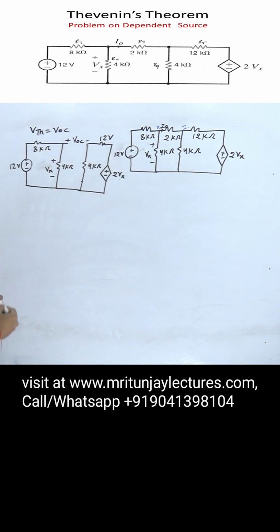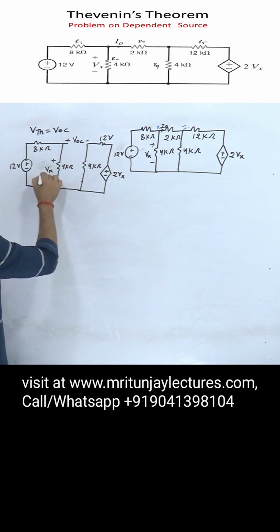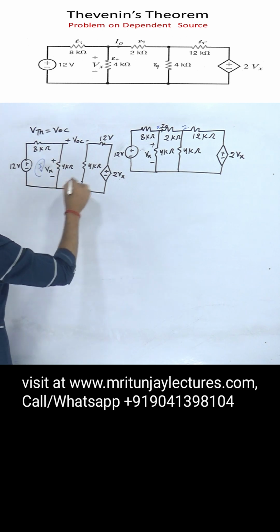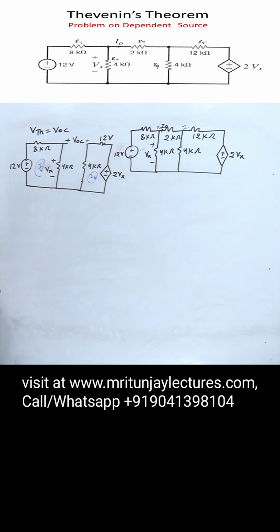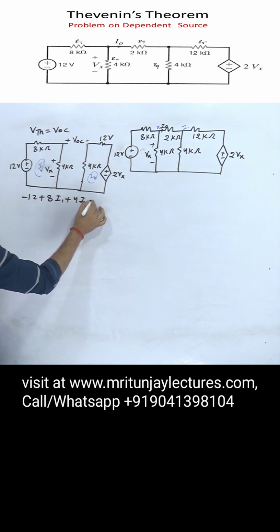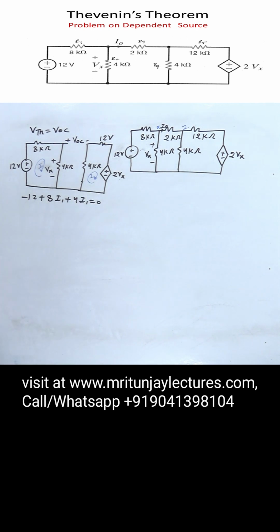Now, how can we determine it? First of all, apply KVL in this loop, here I1, here I2. Apply KVL in this loop: minus 12 plus 8 into I1 plus 4 into I1 equals 0. So what about I1?